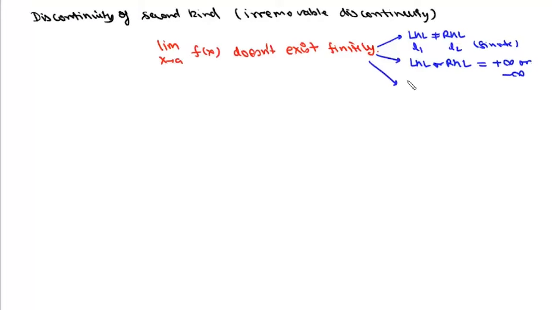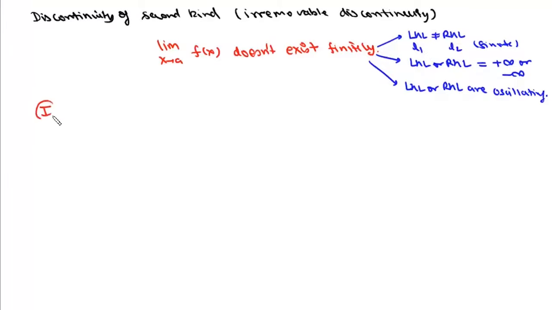And in this third case, either or both of these limits are oscillating. So these are the three cases when this function fx will be discontinuous at this point a, and this discontinuity will be irremovable discontinuity. Now we'll discuss these three cases separately.